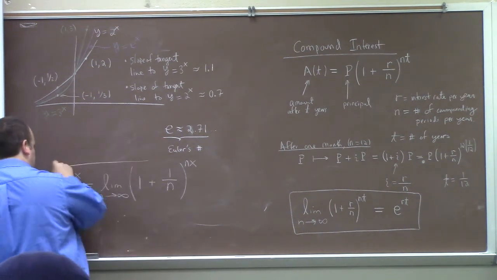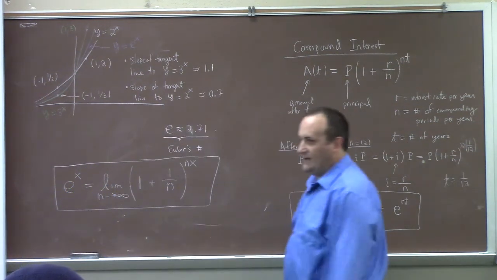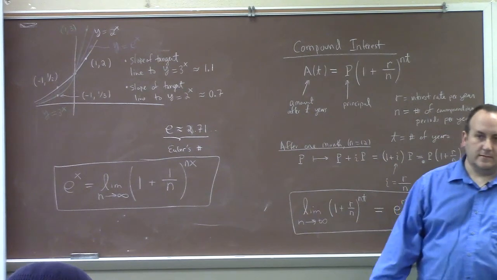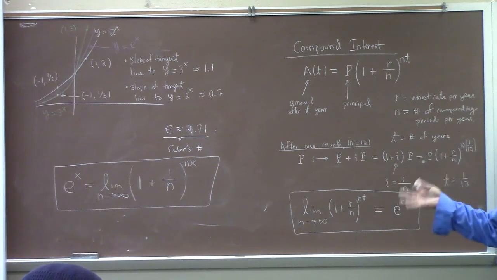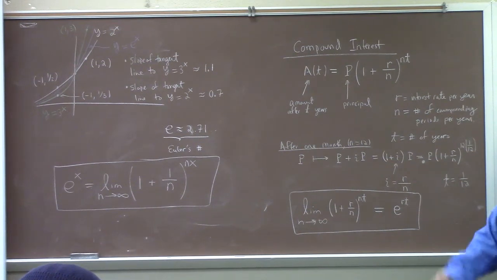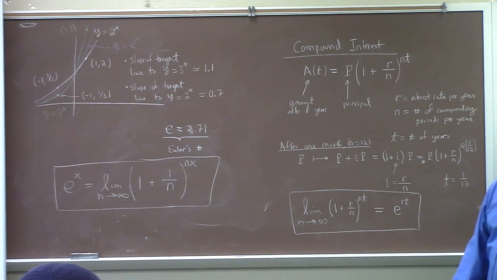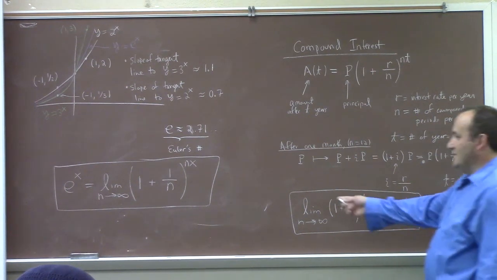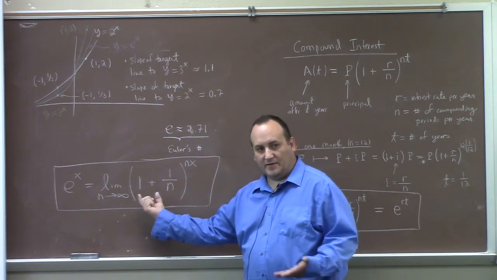Some people use this to define the exponential function, and its motivation stems from the study of interest. If you think about the number of compounding periods going to infinity, then this is the formula that pops out. You can see that this limiting procedure is exactly the compound interest formula.